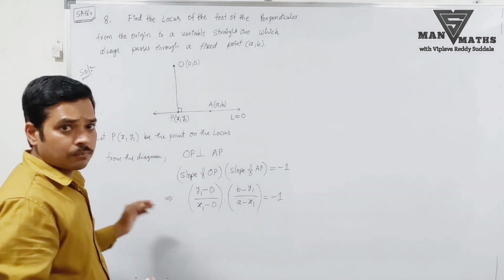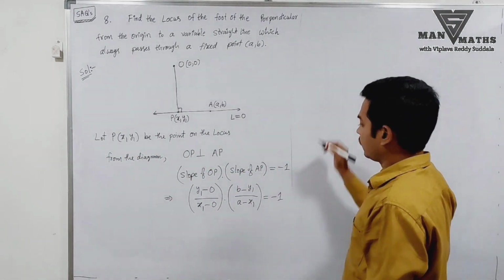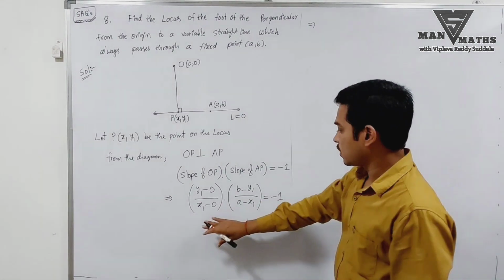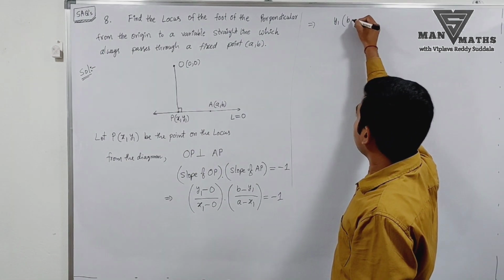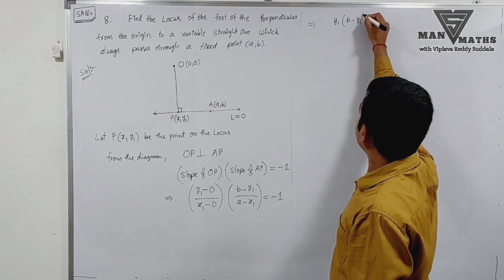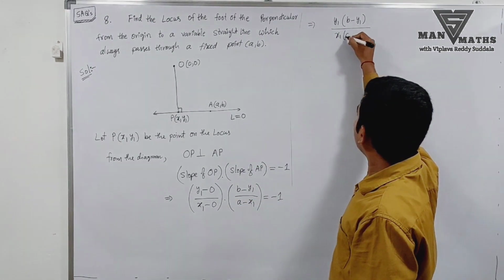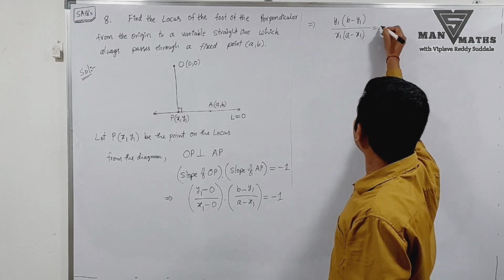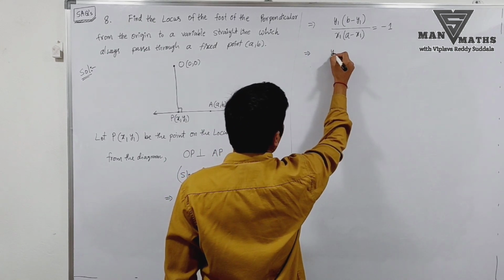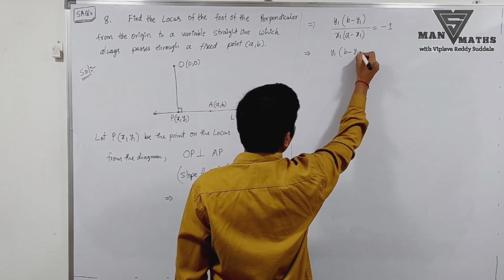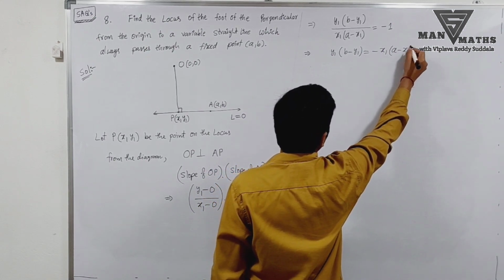By simplifying this equation, we get the locus of point P. From this equation, y1 into (b minus y1) by x1 into (a minus x1) is equal to -1. Now from this equation, y1(b minus y1) is equal to minus x1(a minus x1).